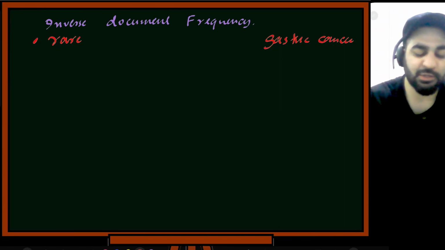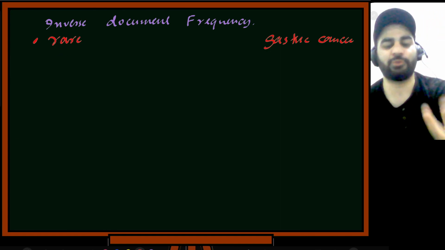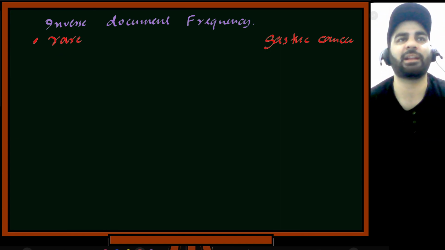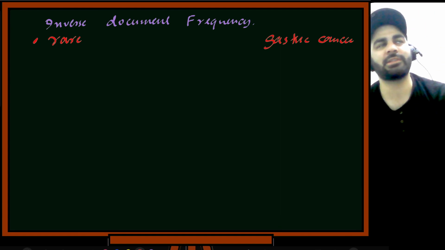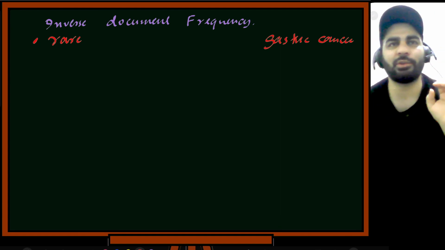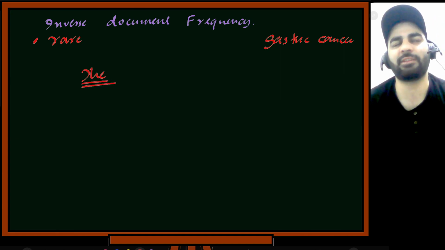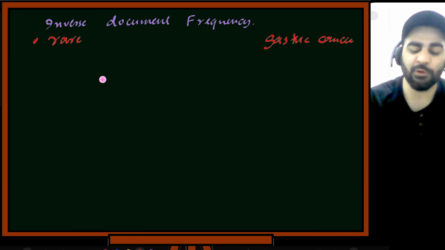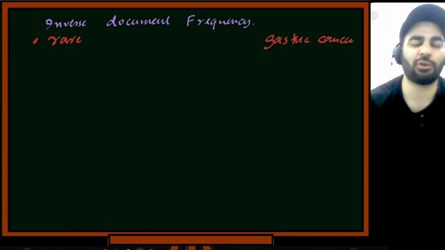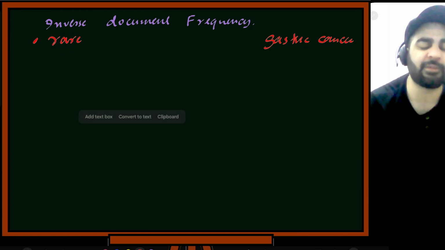So rare words sometimes convey something. If a word is very common, like the, it does not have significance, because if it's present in all the documents, that does not give you much information. But if there is a word which is very rare, it will tell you something about the document. That's why we are interested in finding these rare words.